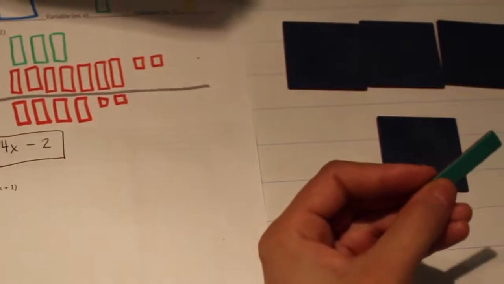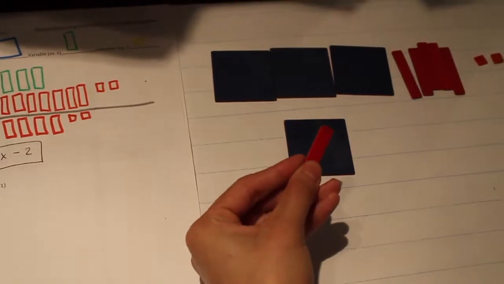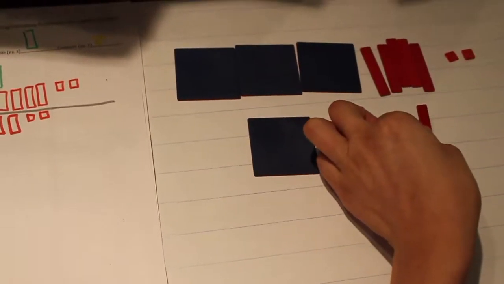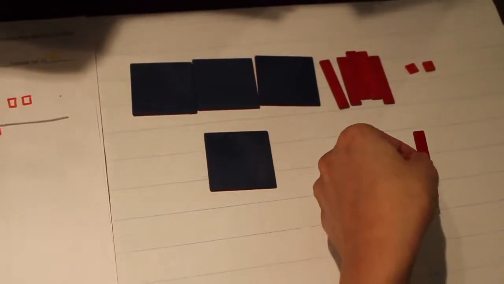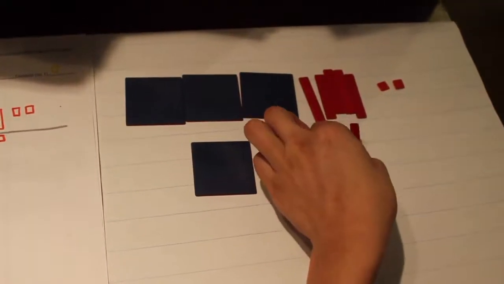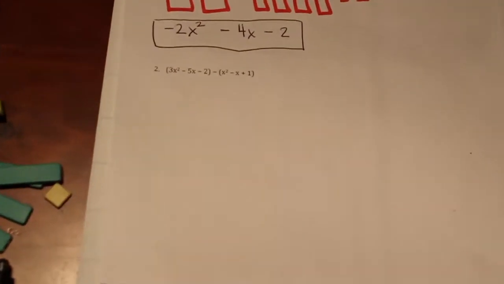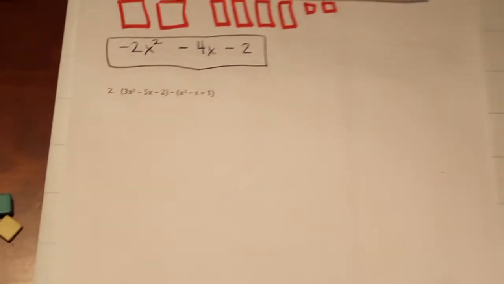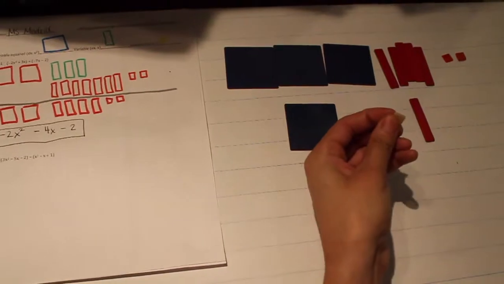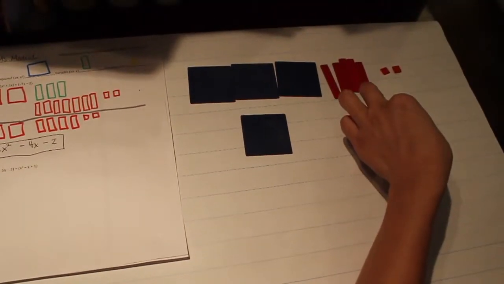But because it is negative, we need to flip it to the red side. And remember, we need to place it under their like terms from the first polynomial. Then it says plus 1, which tells us we need 1 of the 1's tiles. And remember, we place it under the like terms from the first polynomial.